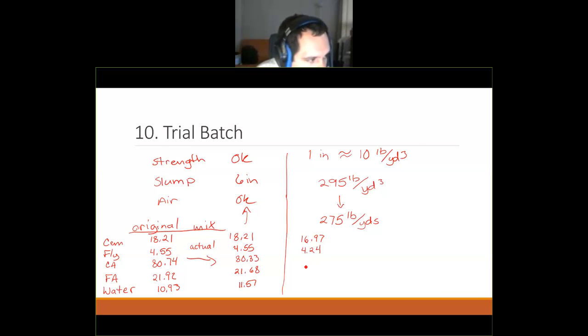Our coarse aggregate is still 80.74. Our fine aggregate now is 24.66. And our water is 10.19. Okay?